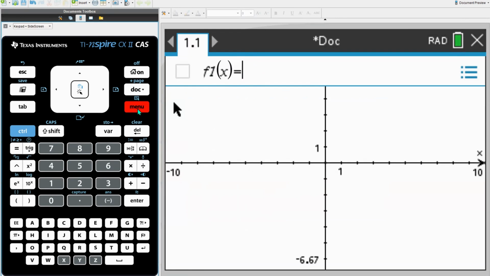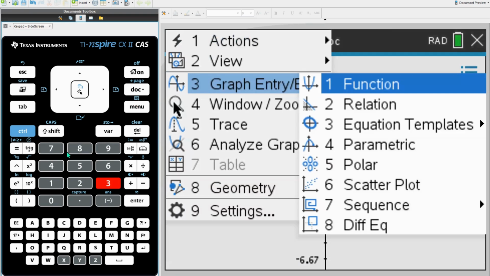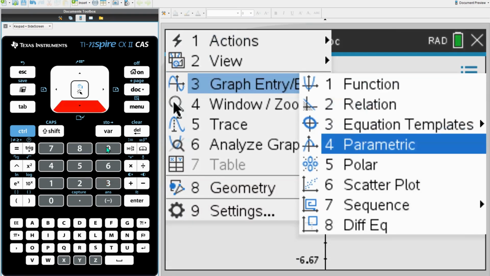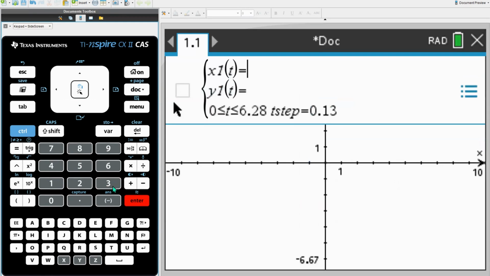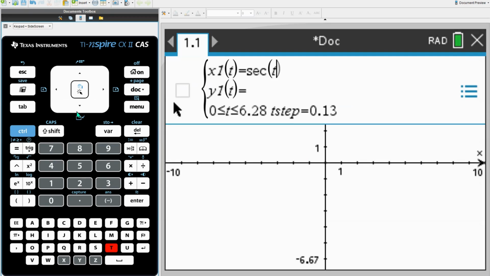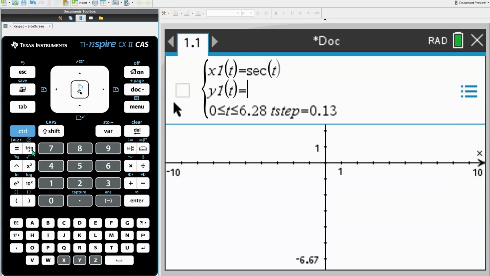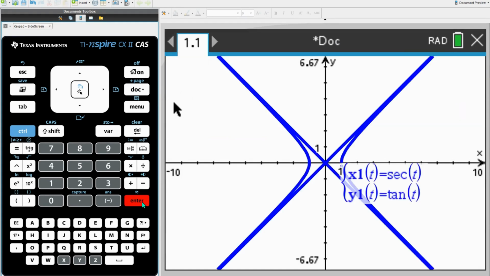I'm going to go to menu and go to option 3 and change this over to a parametric graphing mode. I think we said that the x value is secant of t. Double check. Yep. And y is tangent of t. And if I hit enter, we get this curvy thing.